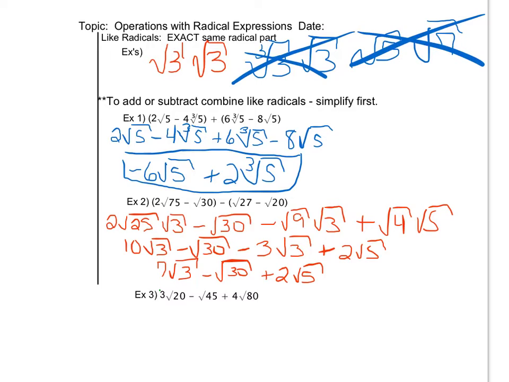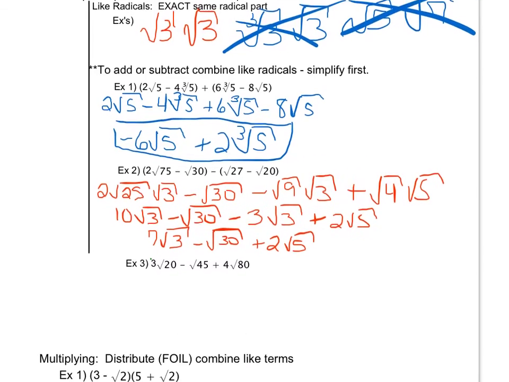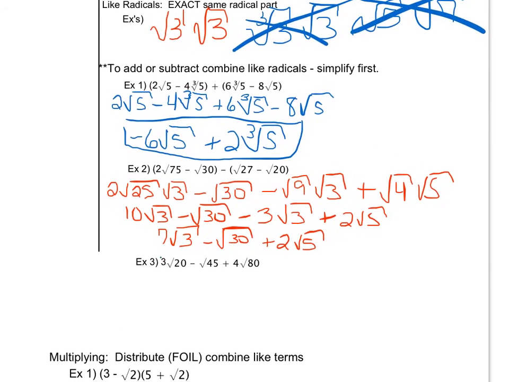Looking at my third and final example here, I notice that this time I don't have any parentheses, so right away I can just go ahead and simplify my radicals and then combine like terms. I don't have to worry about parentheses. 20, just like up above, I realize has a perfect square of 4 in it, so I will rewrite it as 3 square root of 4 square root of 5 minus, I know 45 has a perfect square of 9 in it, so I will rewrite it as 9 square root of 5.